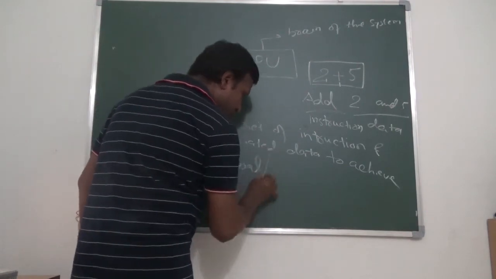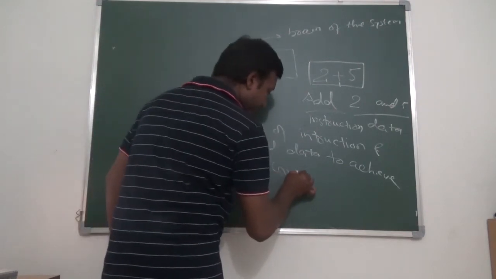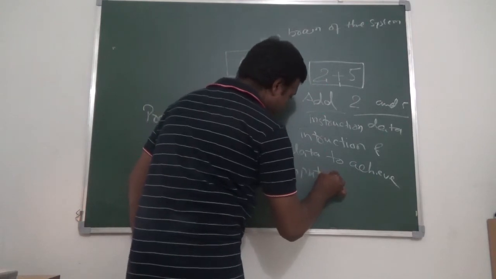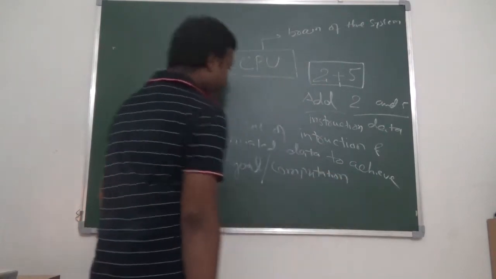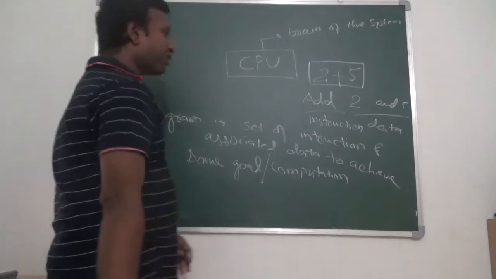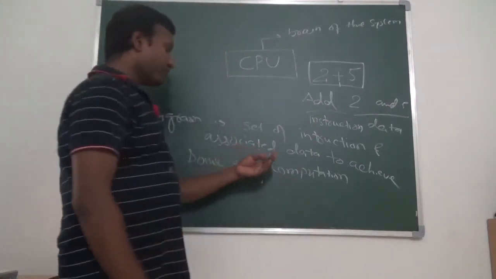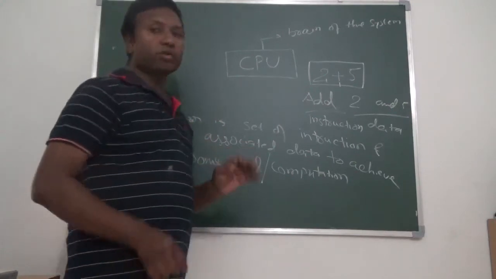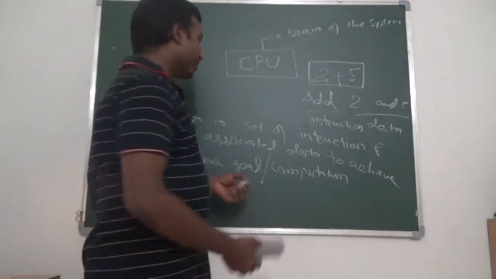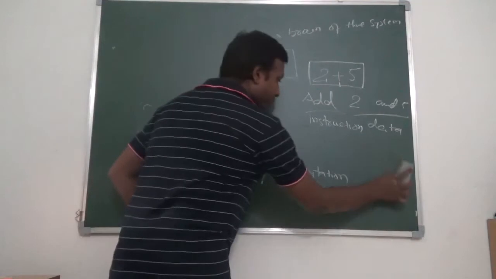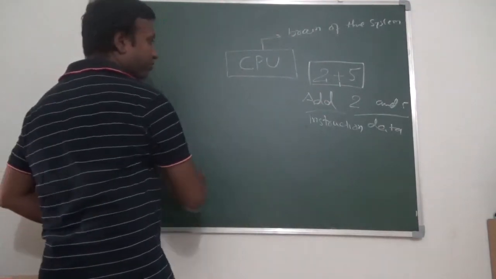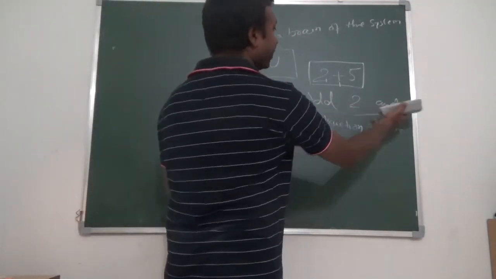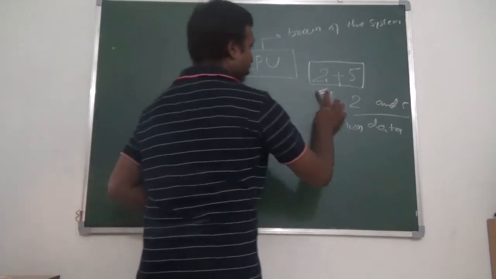Here goal means some computation. Okay, so this is what a program is: a set of instructions and some data which is required to do some computation, right? So that is a program. So when we talk about the program, it is associated with the data and the instructions.